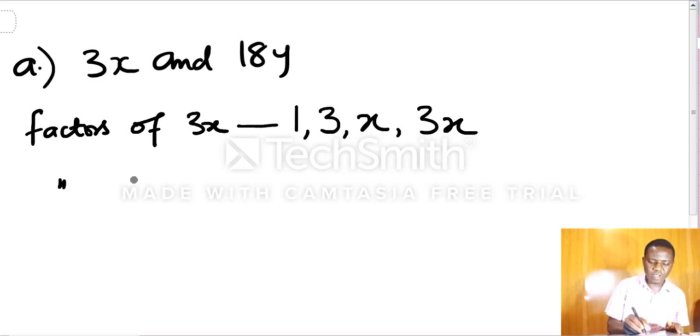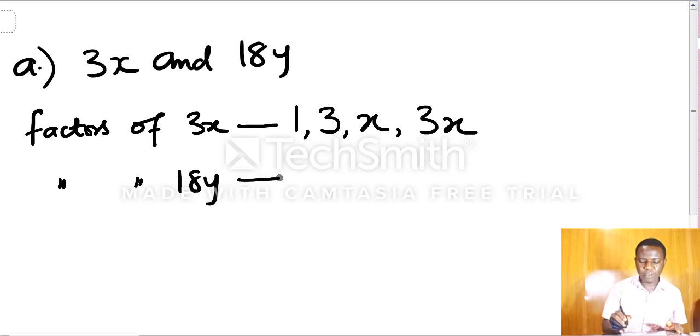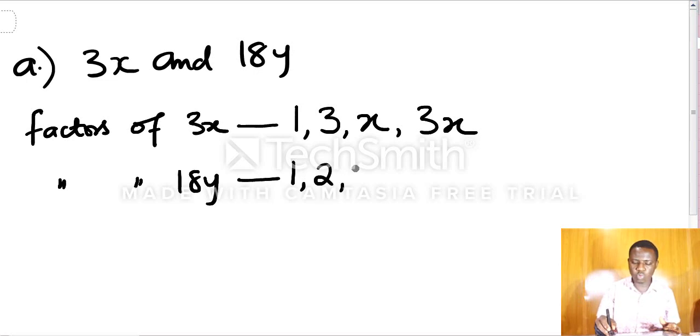Also, we look at factors of 18y. Factors of 18y include 1, 2, 3, 4 cannot divide, 5 cannot, 6, 7, 8 cannot divide, 9.